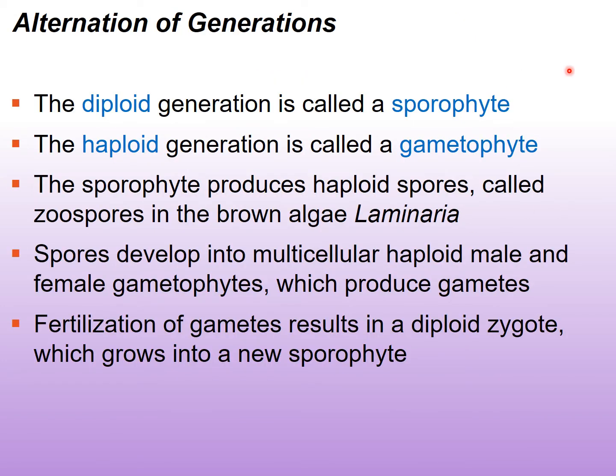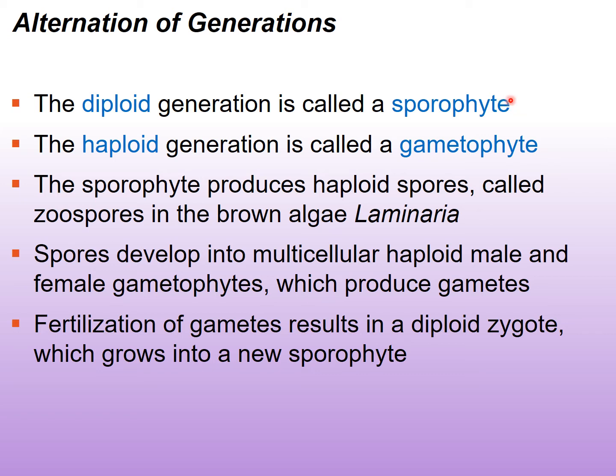Now, the brown algae have an alternation of generations, so we kind of discussed that a little bit. Remember, the diploid generation is the sporophyte, and that has two copies of each chromosome, and the haploid generation is called the gametophyte and has one copy of each chromosome. The sporophyte produces the spores, and the spores here are called zoospores.